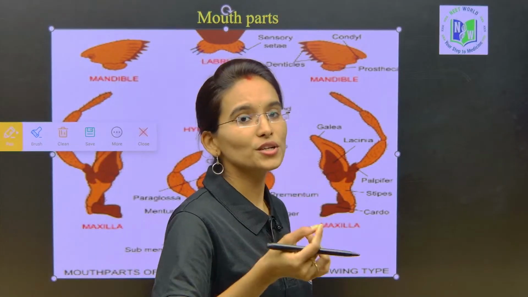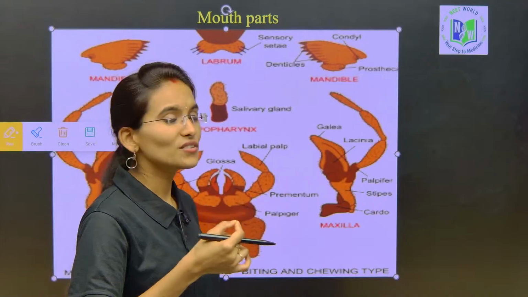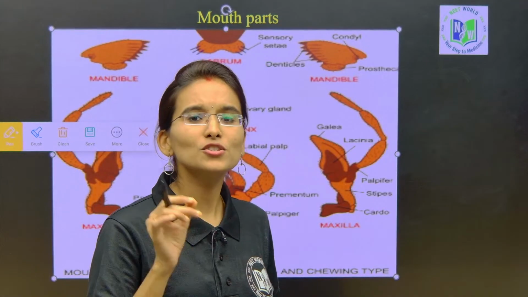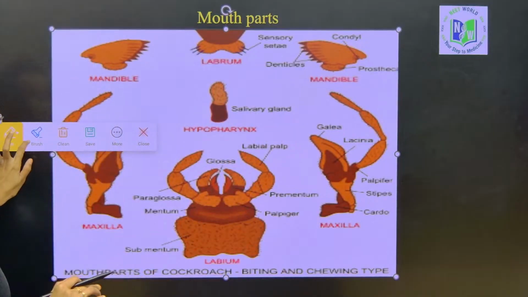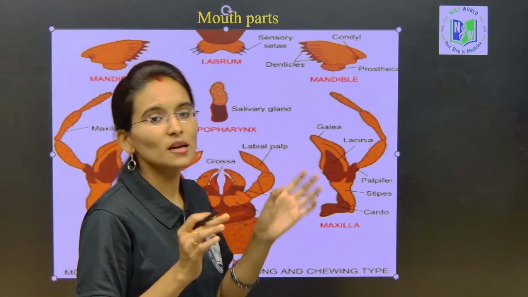When you get this question, the way you need to attempt it is that you should be extremely perfect in labeling the parts, my dear students. You should not miss any of the labeling parts.